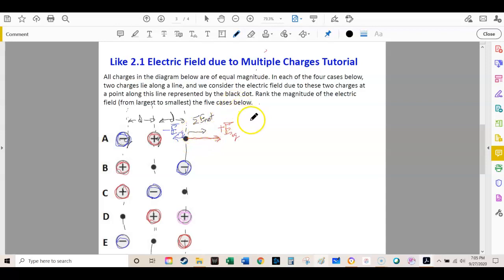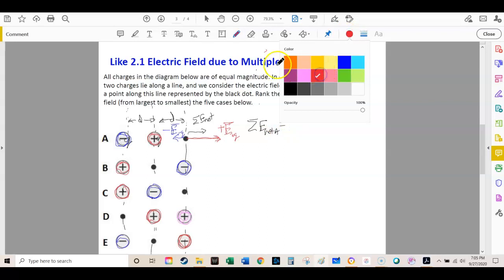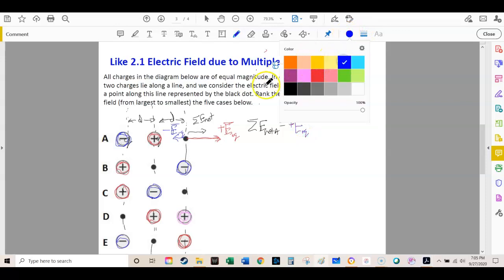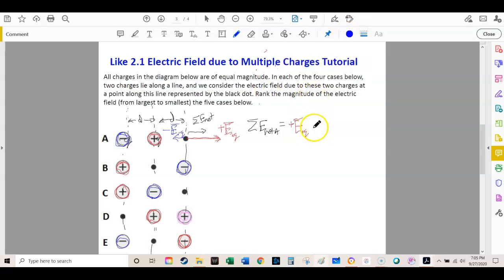All right. So let's calculate the net electric field at A. And that's going to be equal to that positive Q's vector pointed to the right, and the negative Q's vector electric field pointed to the left.